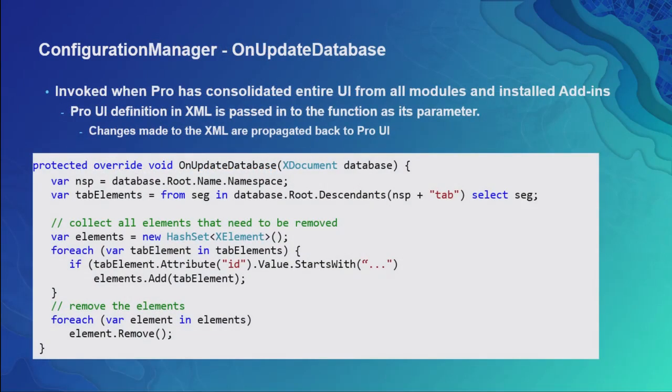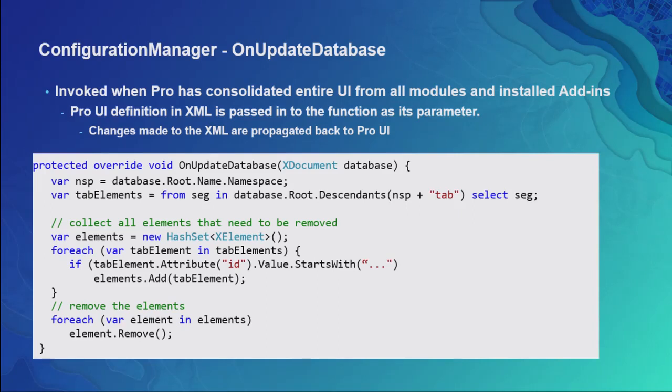Okay, so in the Configuration Manager class, there's this OnUpdateDatabase callback. And the way it works is this. When Pro starts up, it reads the XML user interface definitions from all of the extensions and all of the add-ins that you have installed on your particular machine.